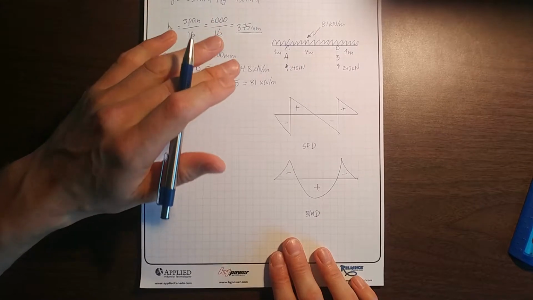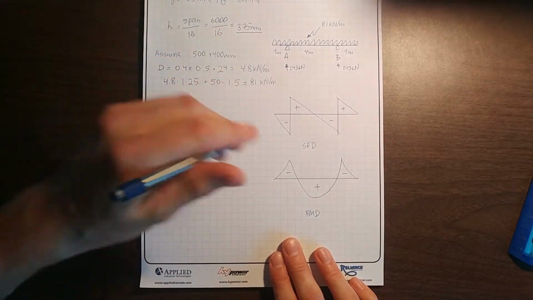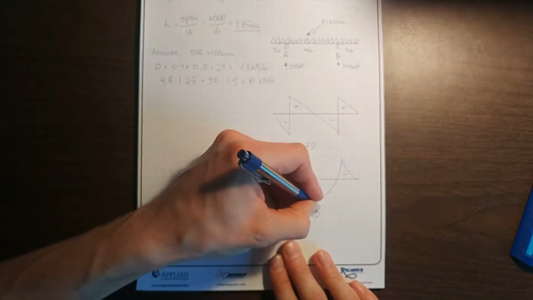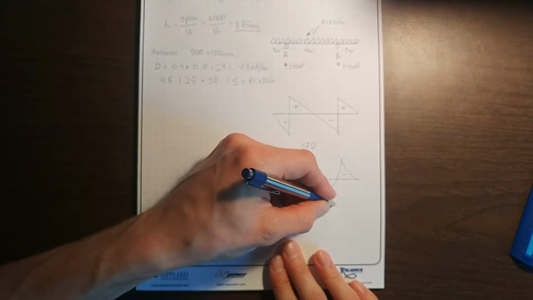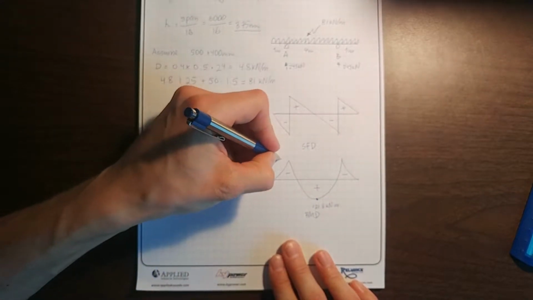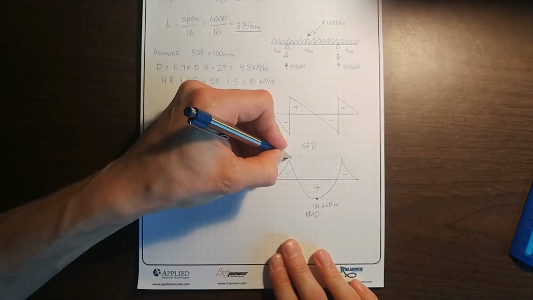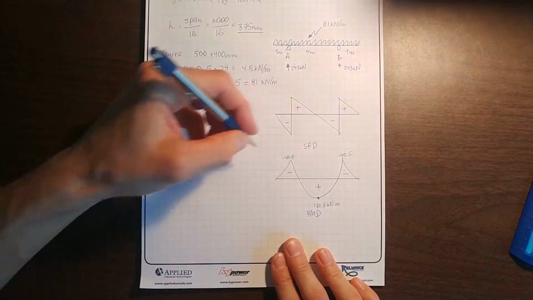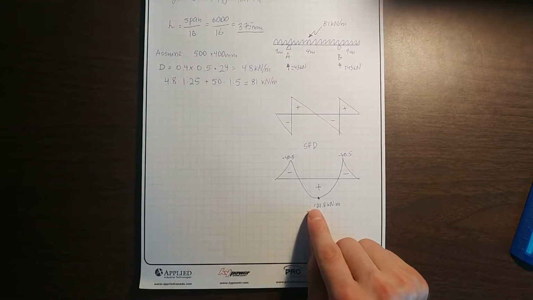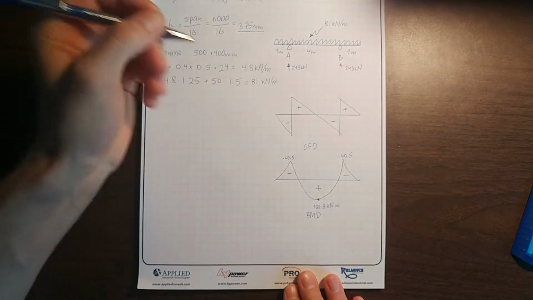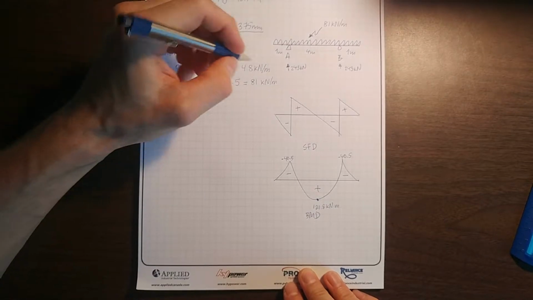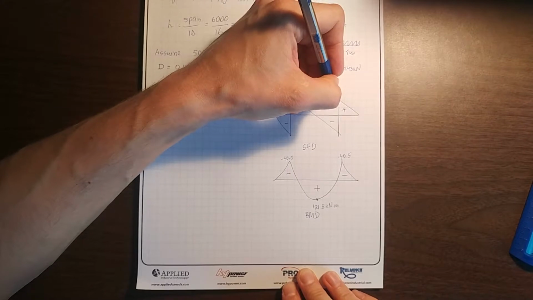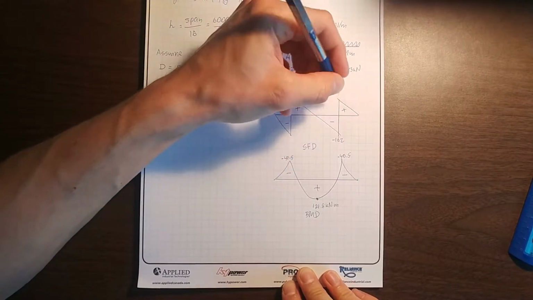The maximum bending moment is at this point right here, and it is 121.8 kilonewton meter. The negative moment is only 40.5, which is way smaller than our positive moment, so we're not going to worry about the negative moment that much. And for the shear force, we have 162 kilonewton here and minus 162 here.